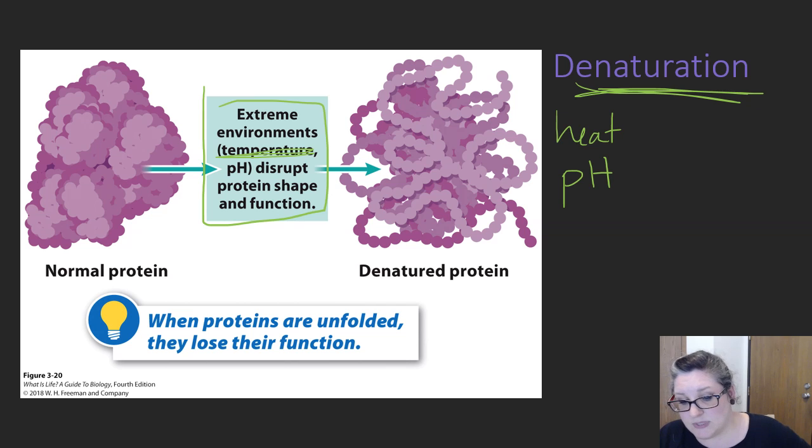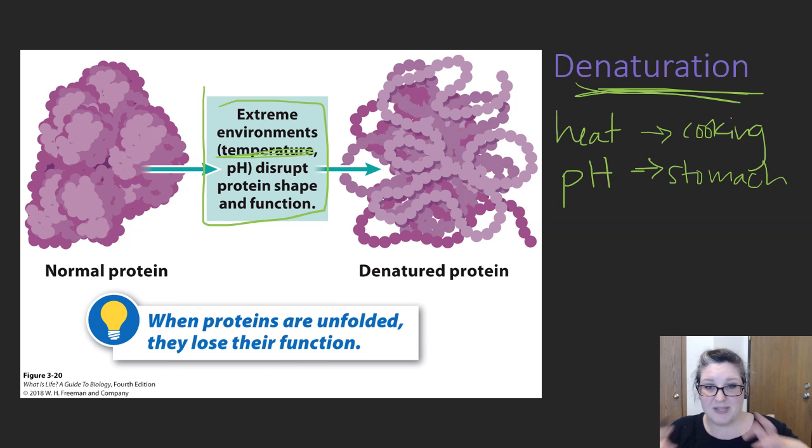So heat from, say, like cooking, and pH from the stomach can denature these proteins. And that means that they basically unravel and kind of fall apart. So think about cooking an egg. When you cook eggs, if you've ever cooked or seen an egg cooked, they will turn white instead of clear. There's a ton of protein in eggs, and the heat from cooking denatures that protein, and it all kind of unravels and sticks together.